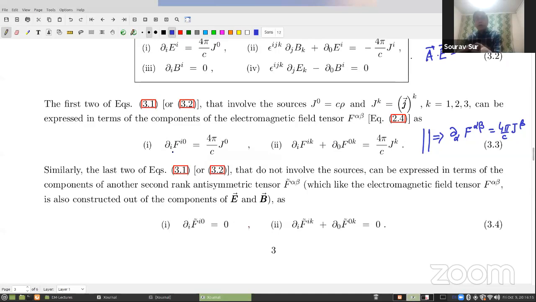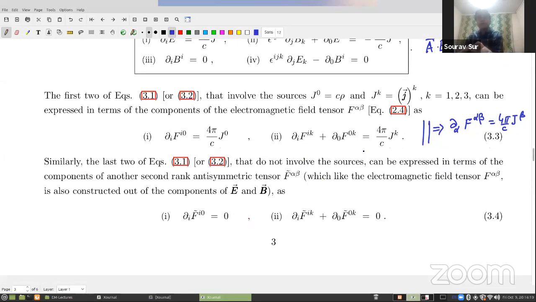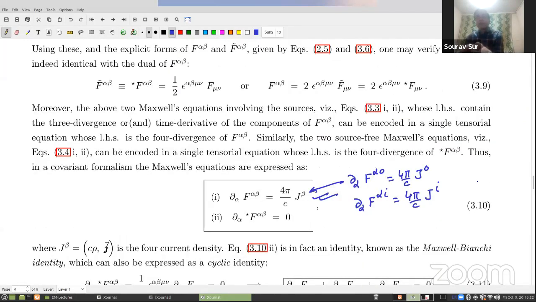And from there, you have these two relationships. So this implies that this alpha cannot be 0 because F00 is 0. So you have del i Fi0 equal to 4 pi over c J0.